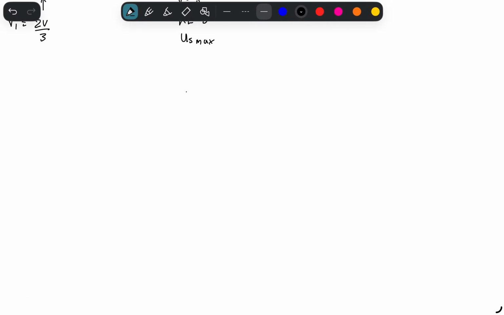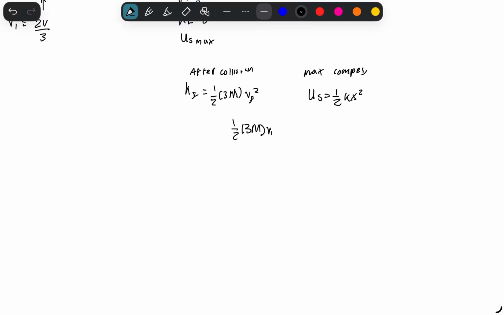So we know that after the collision, we can write the kinetic energy is equal to 1/2 3m v1 squared. So at the max compression, we'll say our potential energy is equal to 1/2 kx squared. So we have 1/2 3m v1 squared is equal to 1/2 kx squared.